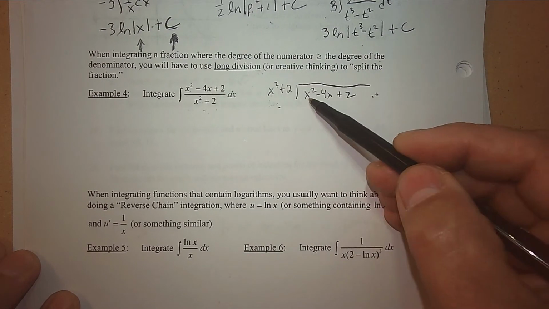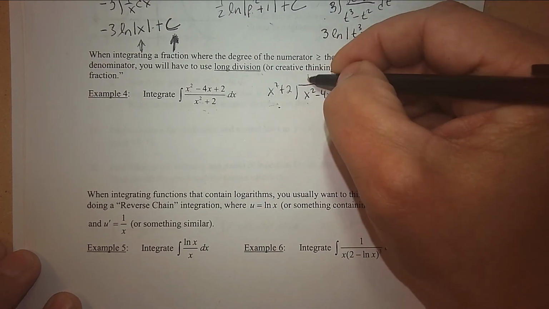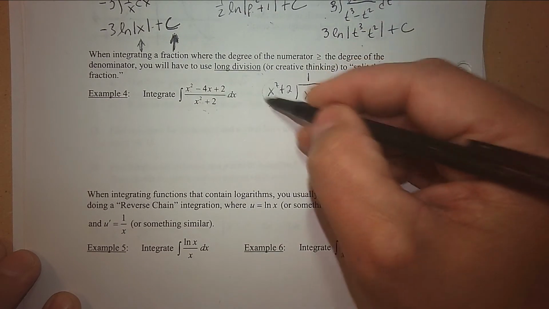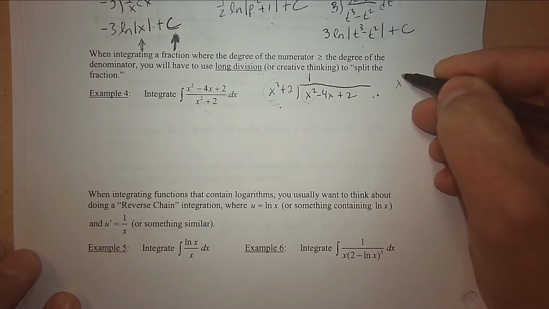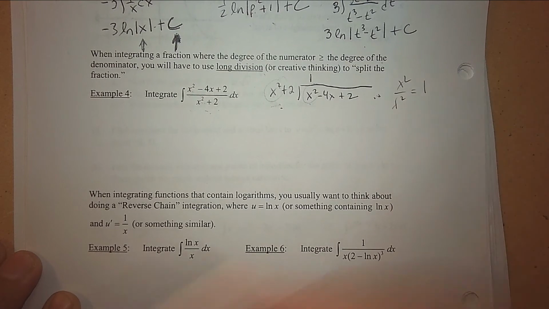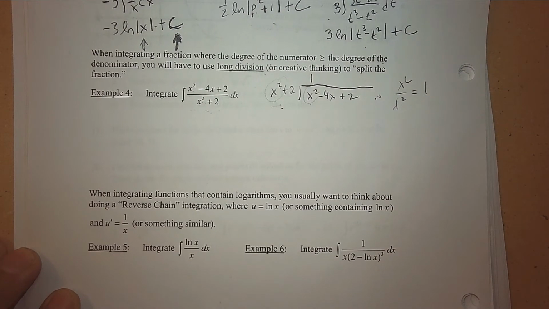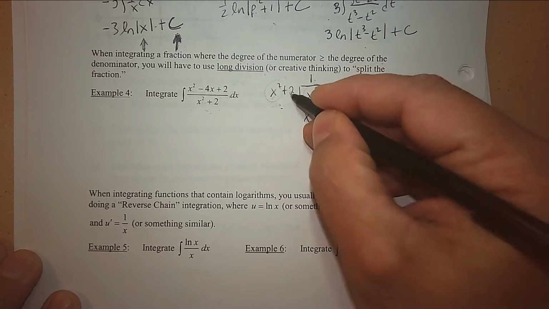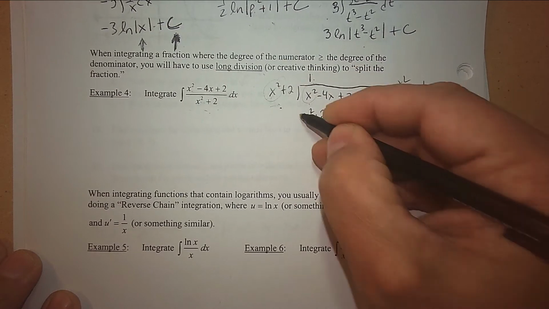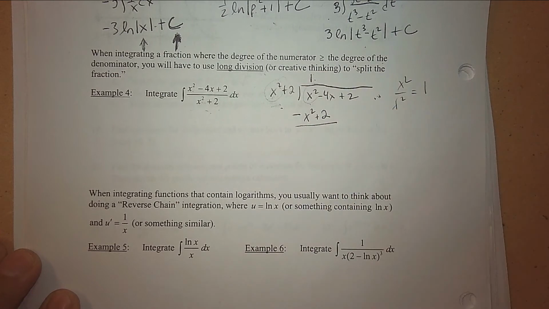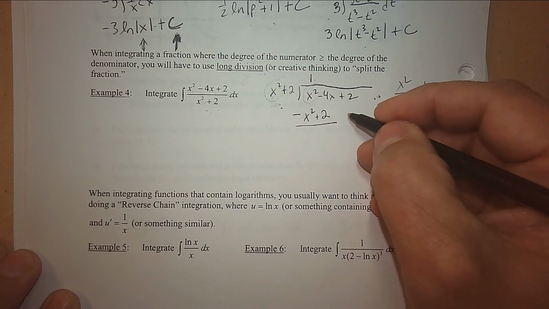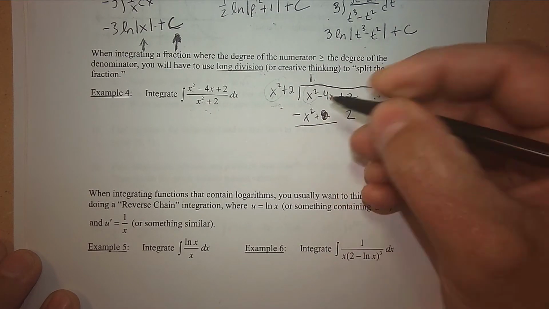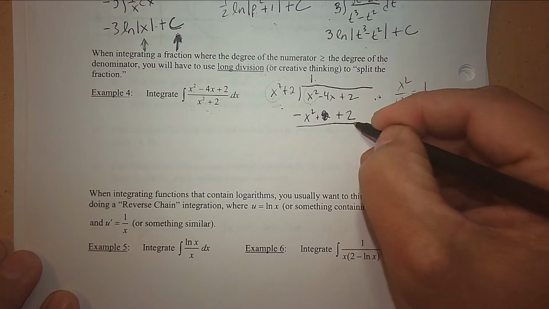Well, x squared goes into x squared how many times? If you don't know, you take the first term divided by the first term and get your answer. Got it? So multiply 1 times x squared, 1 times 2, and then what do I do for long division? Make sure like terms are underneath each other.